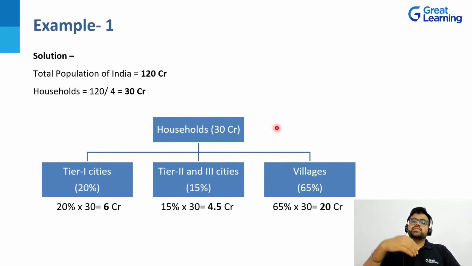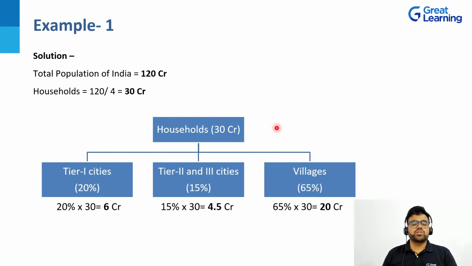Now the second step of solving this is going by the cities. Okay, tier 1 cities, tier 2 and tier 3 cities and villages. Now, what are we assuming in this? How many households are there in villages?